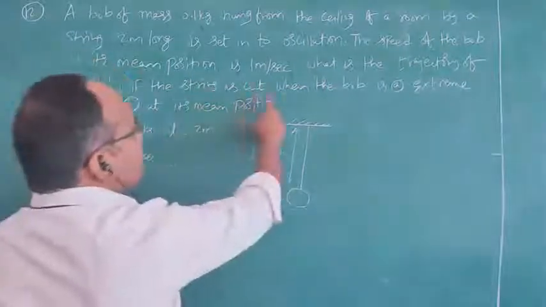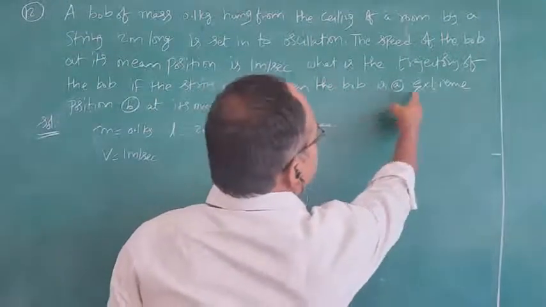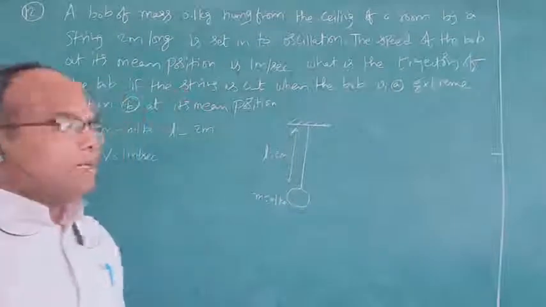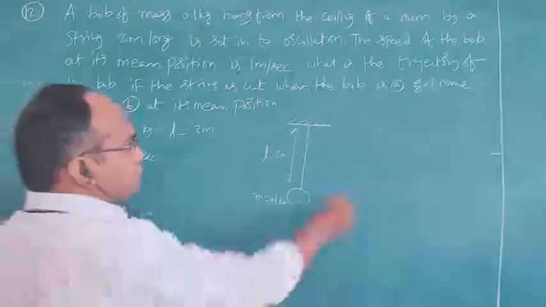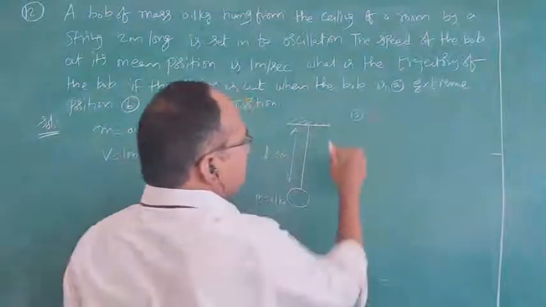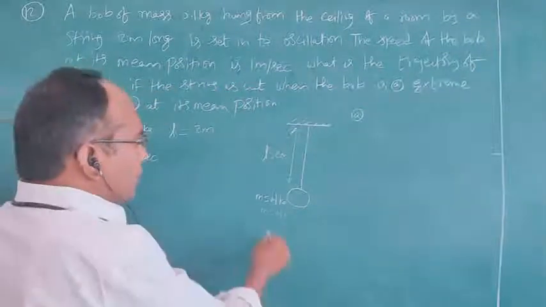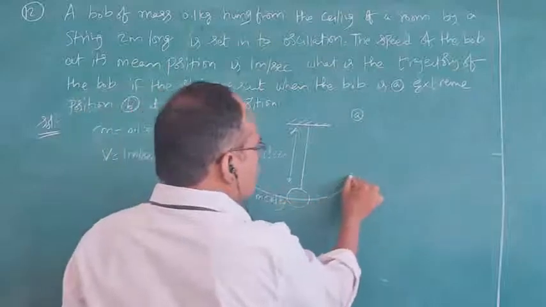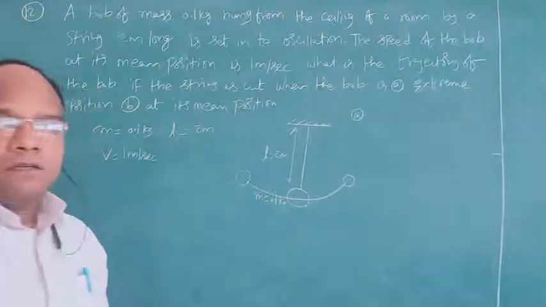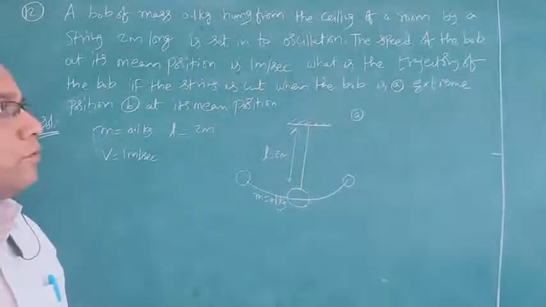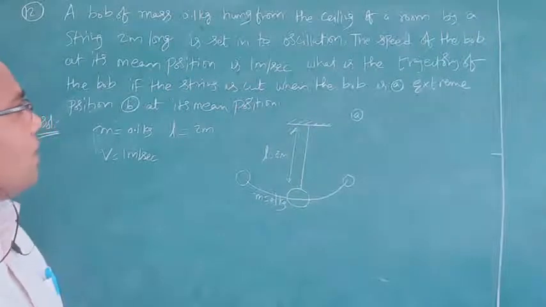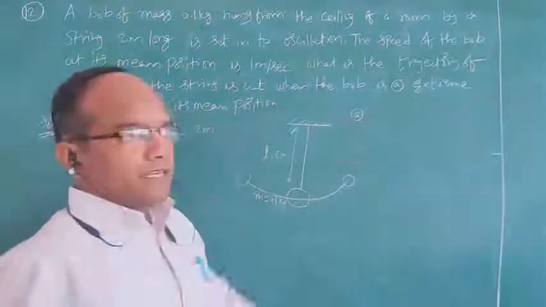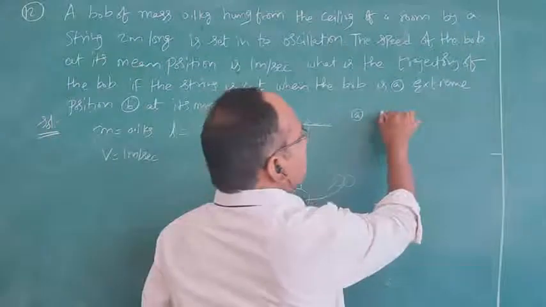If the string is cut when the bob is at the extreme position, the mass of the bob is moving to and fro like this.